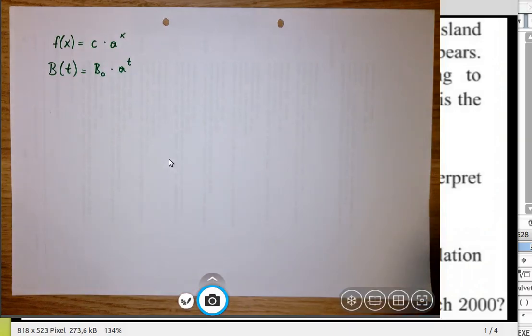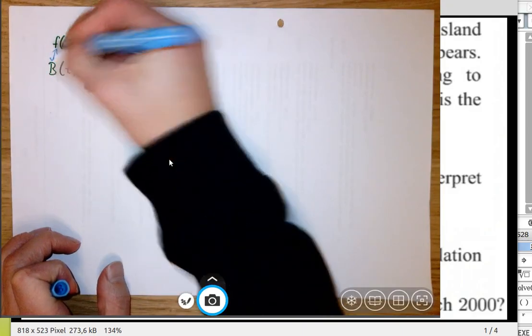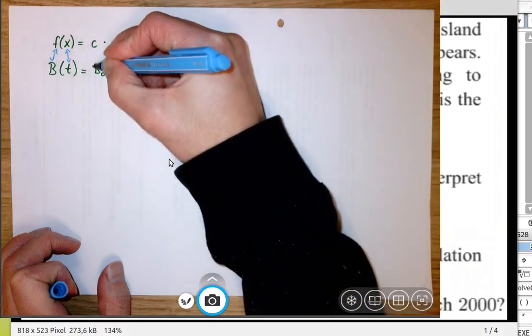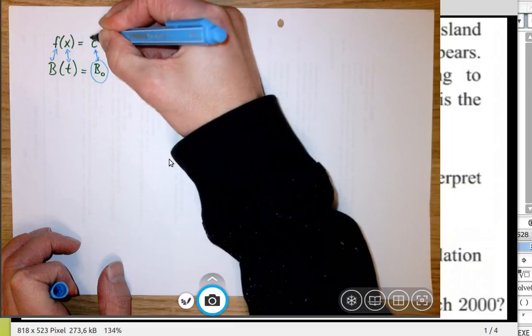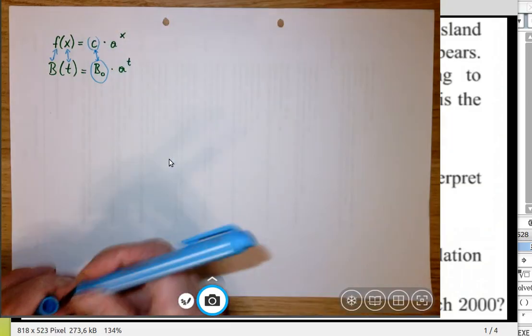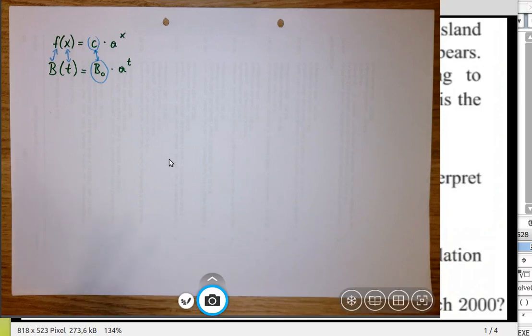So just to make sure that we understand everything, obviously the B corresponds to the f, the t corresponds to the x, this B0 will be the parameter c, and the a is the same, and the x is called t here. So it's just using different names for the variables.